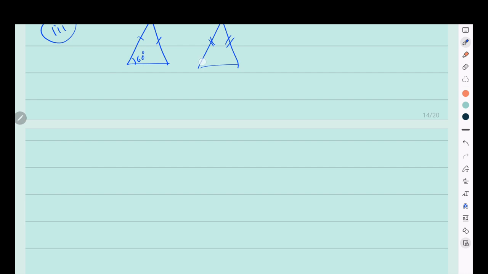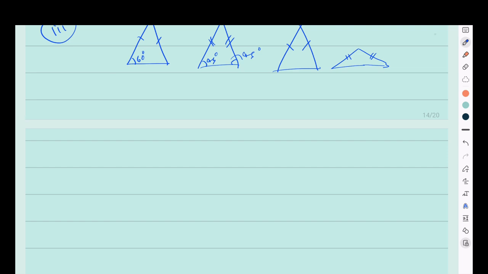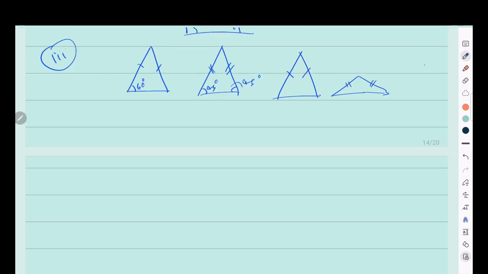Here the angle could be 60 degrees, here the angles could be 45 and 45, or whatsoever. So for all isosceles triangles, it's not necessary that they are similar. Let me make two different kinds of isosceles triangles. You see, these are obviously not similar. Here the side is something, here also the side is something. So these two triangles are isosceles, but they are not similar.